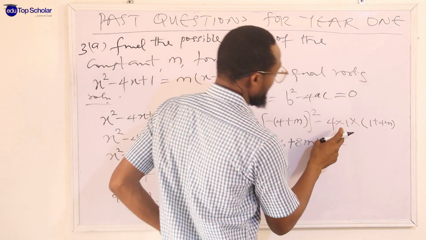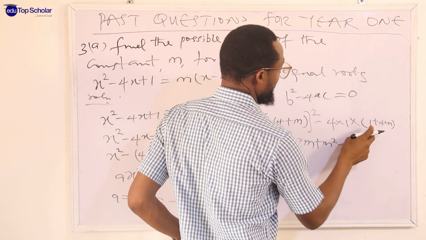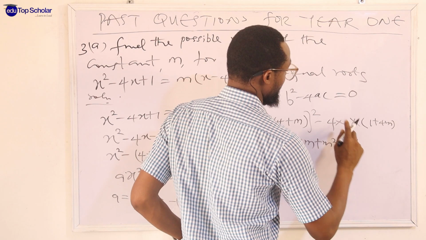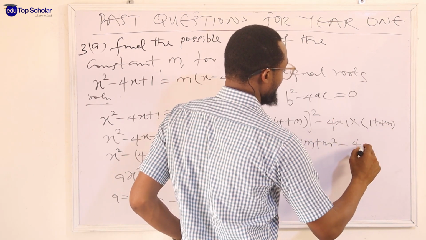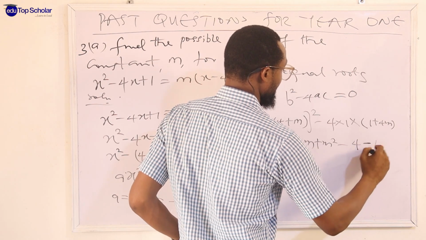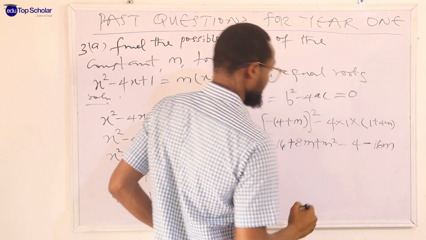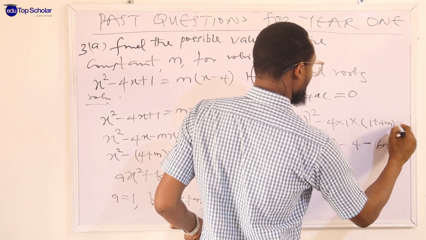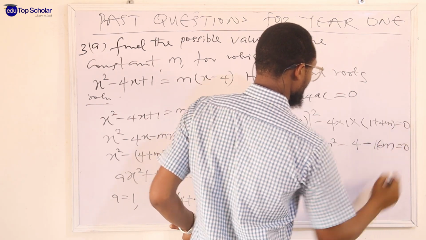Minus this one, 4 by 1, I have 4. 4 by 4m, now I have minus 16m. All of this equals 0.